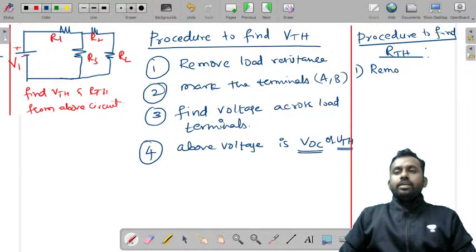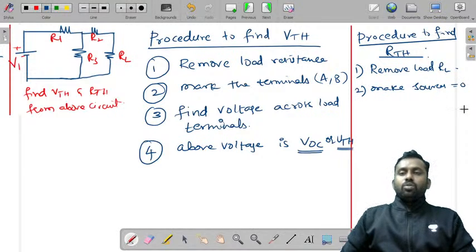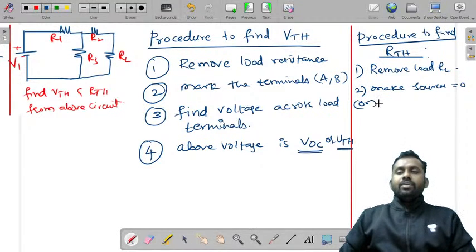Same, remove load resistance RL. Second, make all constant independent sources equal to 0, or in other words you can say, replace by their internal impedance.